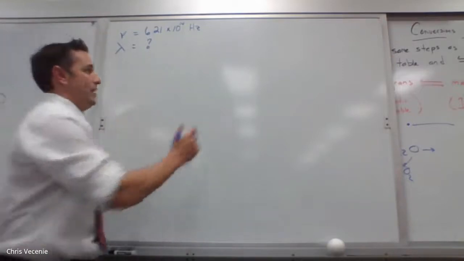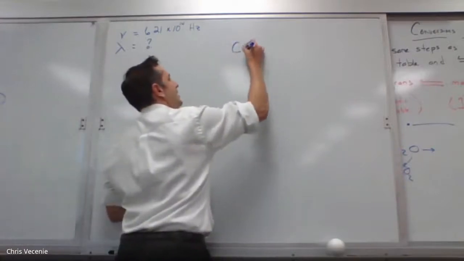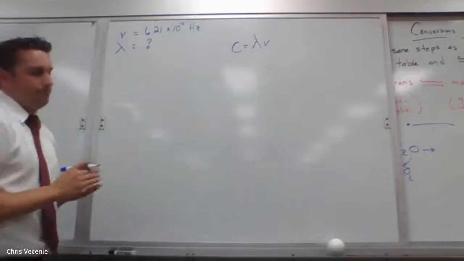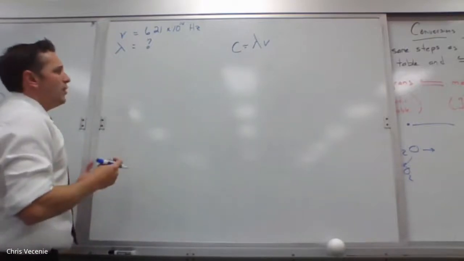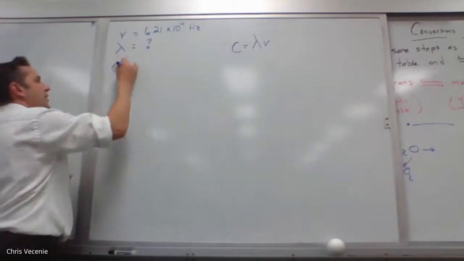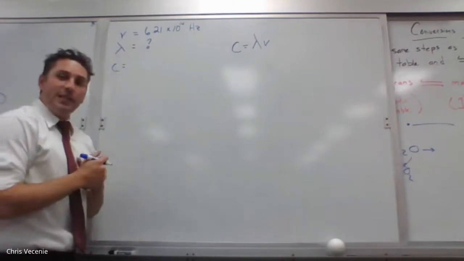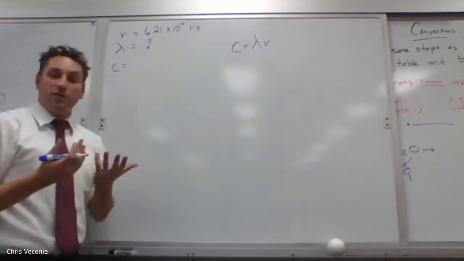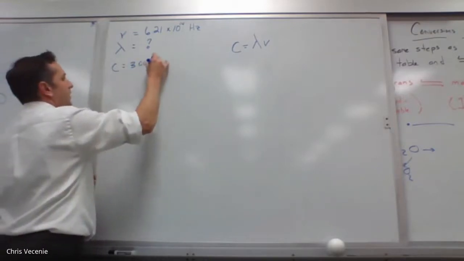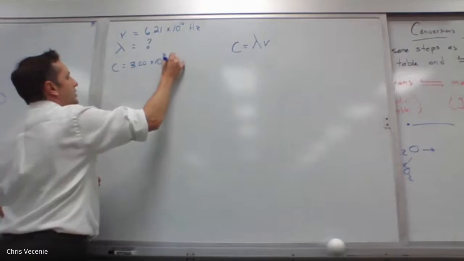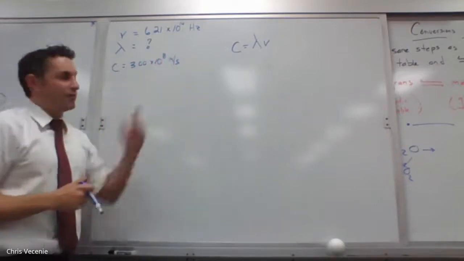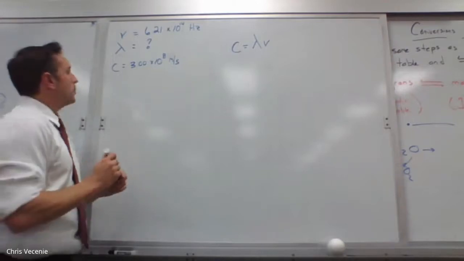So we have an equation that has lambda and V. C equals lambda V. The only thing is, though, is C is there and I haven't listed it. So I have to put it over here. And the reason we didn't see that number in the problem is it never changes. It's a constant. C represents the speed of the wave, which is 3.00 times 10 to the 8th meters per second. So I go and list it after I realize I need it for the equation.